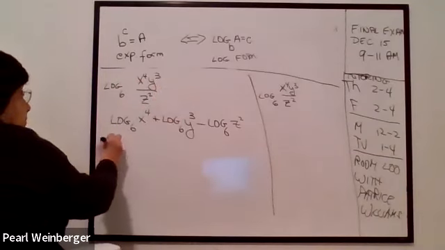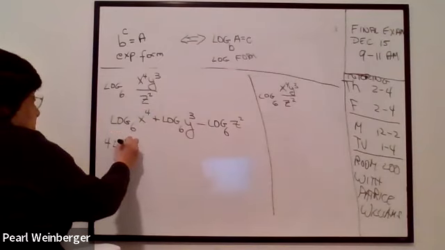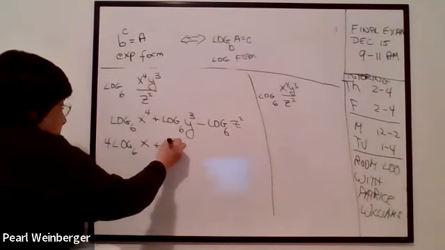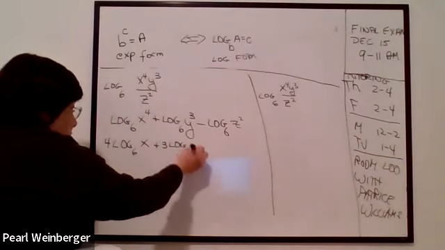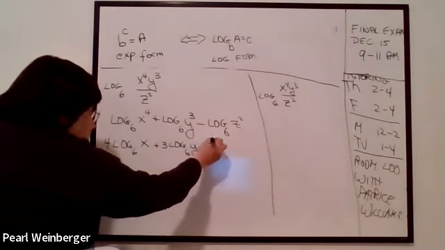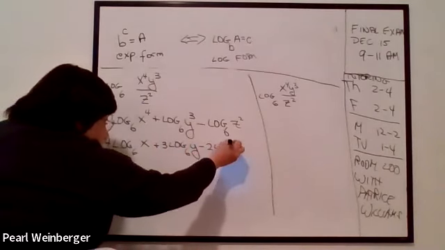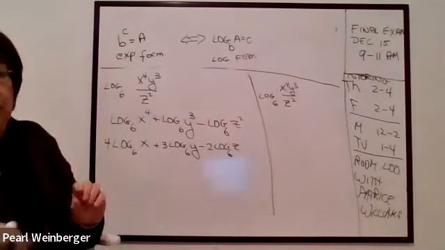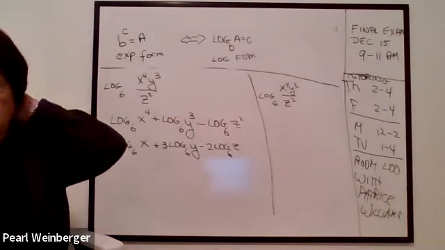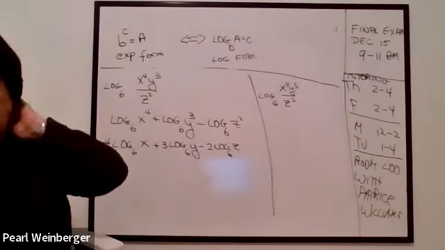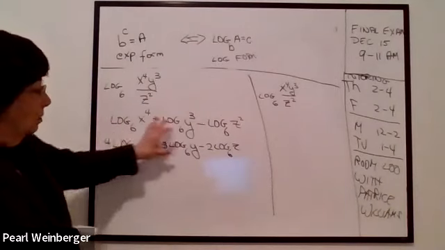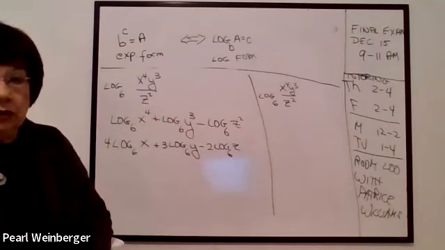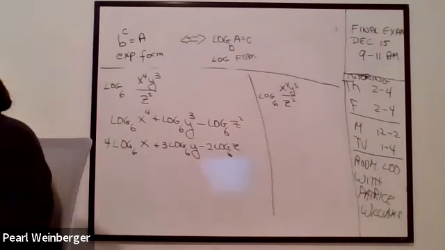So this is going to become 4 log base 6 of x plus 3 log base 6 of y minus 2 log base 6 of z. So I do it as a two-step process, first taking care of the multiplication and divisions, and then taking care of the exponents. And this is our expression in expanded version. I hope most people got that correct.